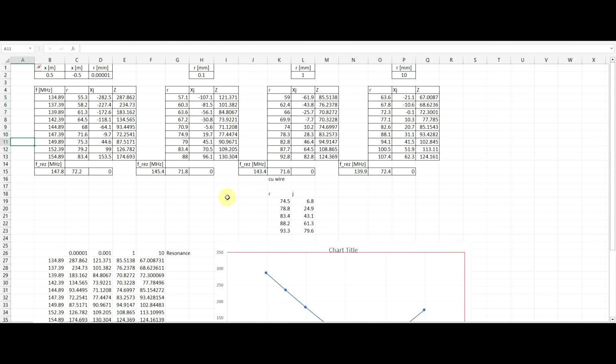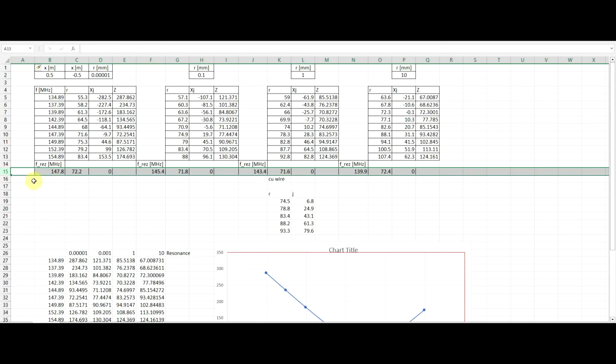So what does all of this data tell us? Well, first of all, the resonance frequency is thickness dependent. So we start off with around 147.8 MHz with the very thin antenna, and then slowly move down to about 139.9 MHz for the thickest antenna.